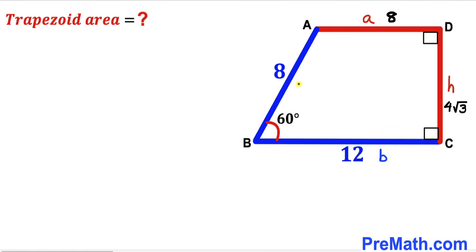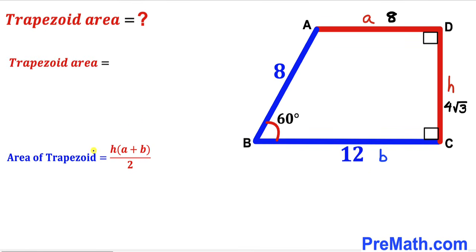Here is our final step. Now we are going to calculate the area of this trapezoid ABCD. Let's recall the area of a trapezoid formula once again: area equals height h times the sum of the bases a and b, all over 2. Our height is 4 times the square root of 3, base a is 8, and finally base b is 12. Let's fill in the blanks in this formula.